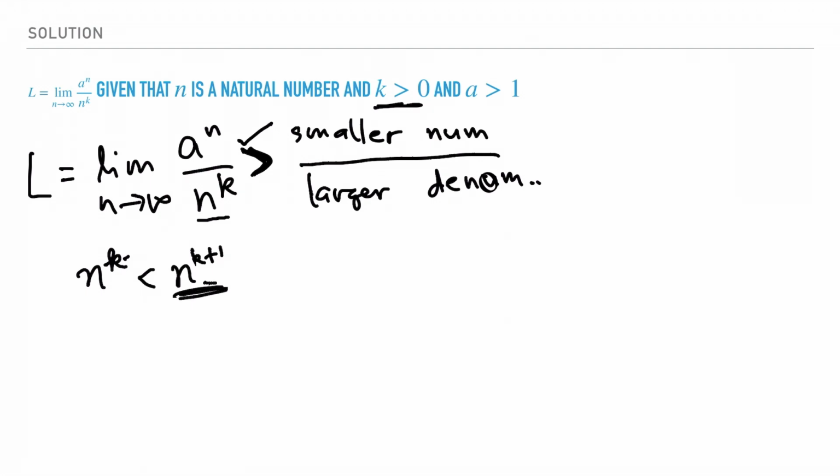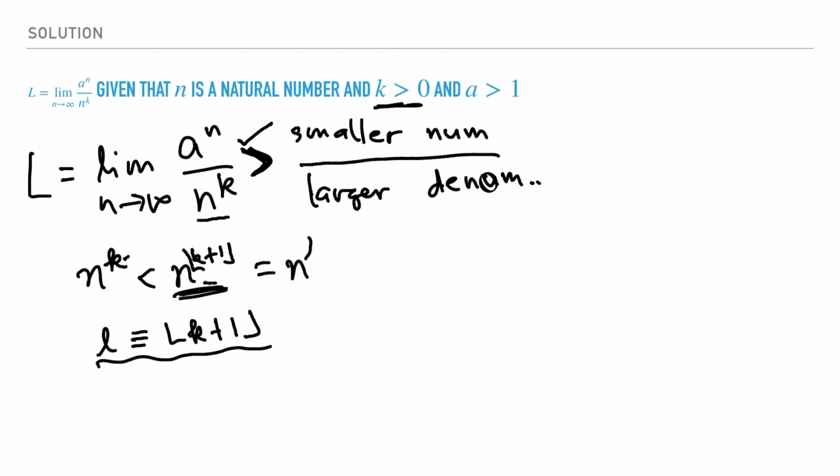And in fact, just to make it easier for us, we're going to choose the greatest integer function of k plus 1, and define L to be that. What this means is that it rounds it down.